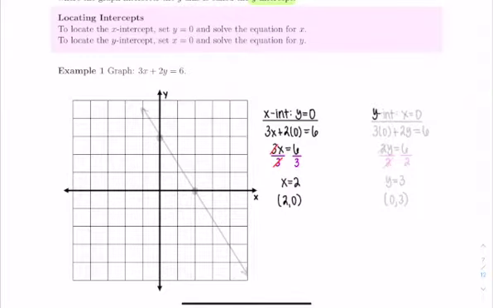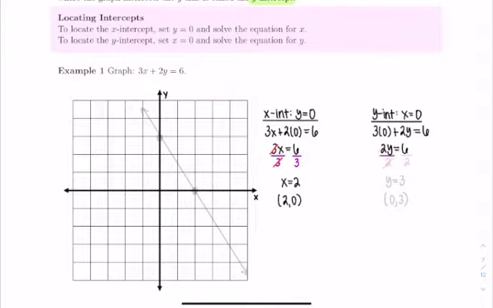We also want to find the y-intercept. That's when we let x be 0. So we have 3 times 0 plus 2y equals 6. Well, 3 times 0 is just 0, and so I just have 2y equals 6 left over.